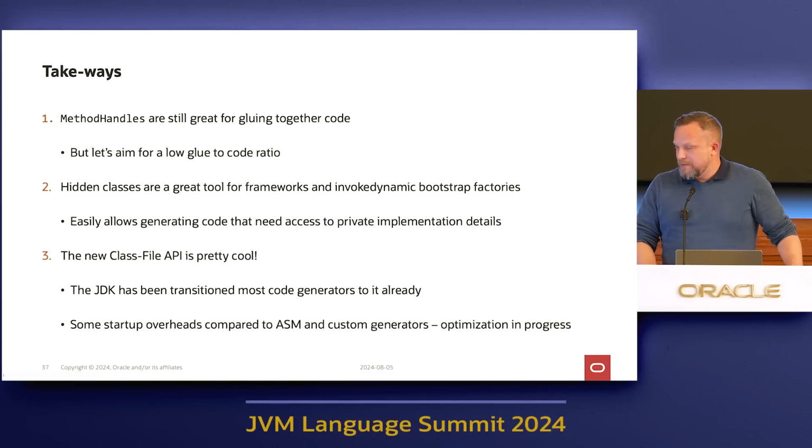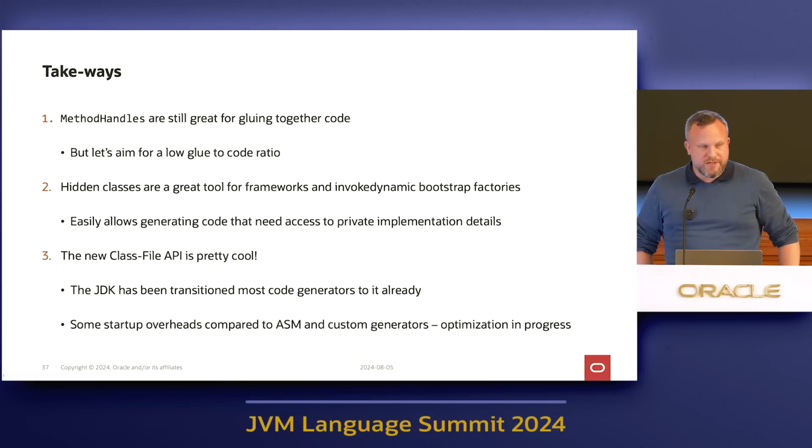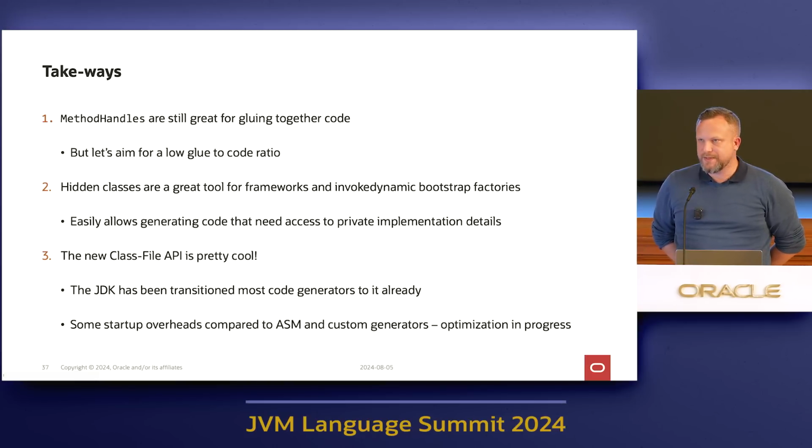And the new class file API, which is currently still in preview, but we use it internally for lambda code generation, proxy generation, and such, is also pretty cool. The JDK has already been transitioning to use this API consistently in places. Before, no hard feelings to ASM, but this lets us get rid of a third-party dependency and also an array of custom code generators.